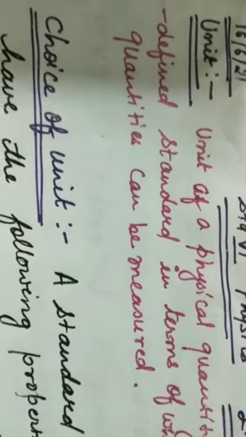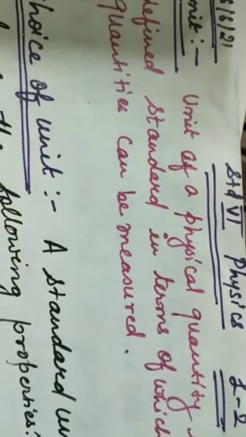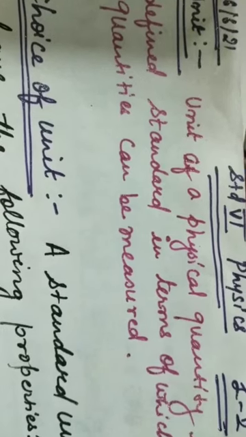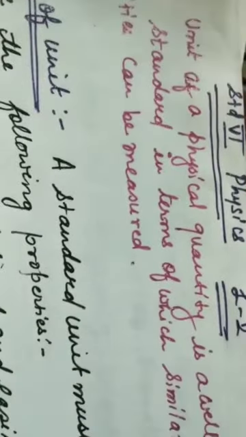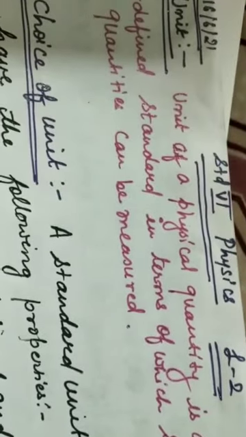Okay, so unit is defined as the standard. A unit of a physical quantity is a well-defined standard in terms of which similar quantities can be measured. Suppose I'm using a scale, everybody has a scale.